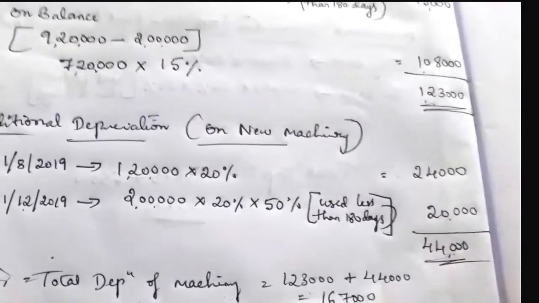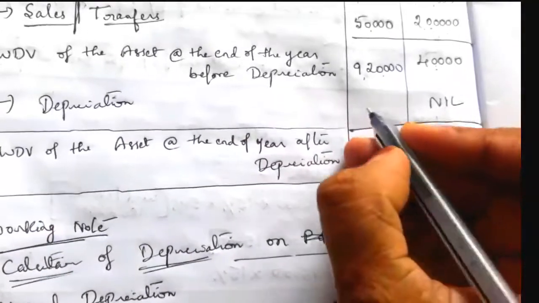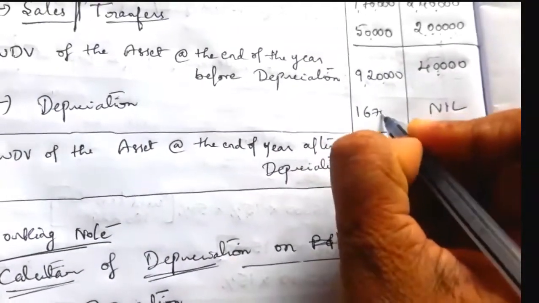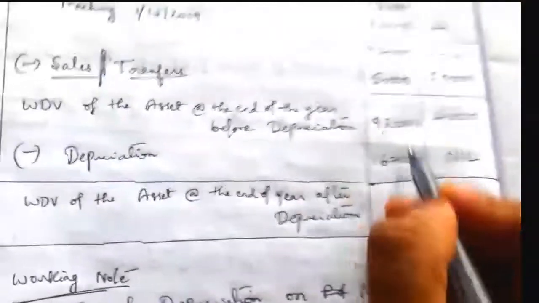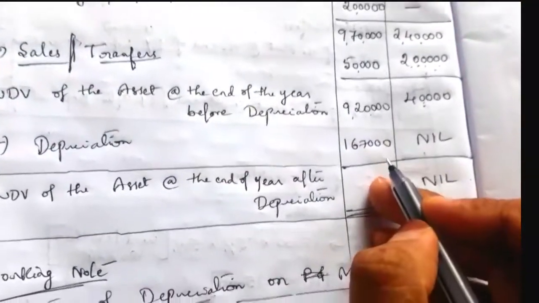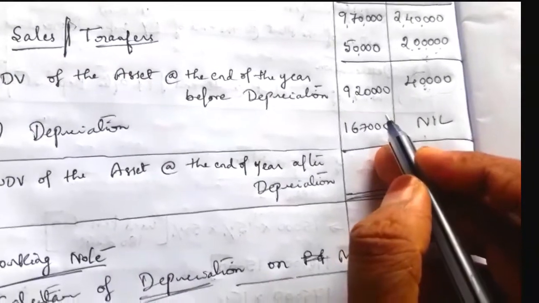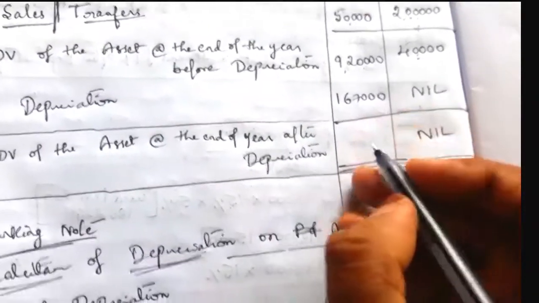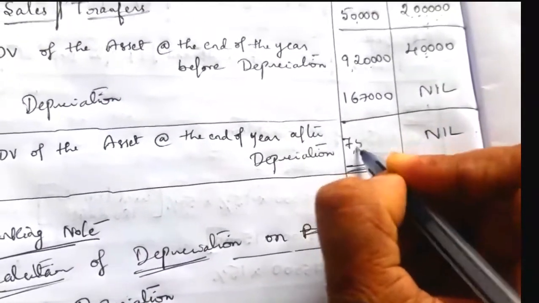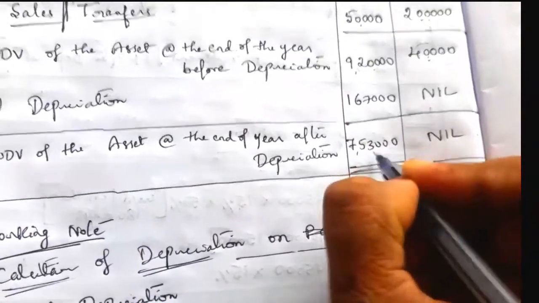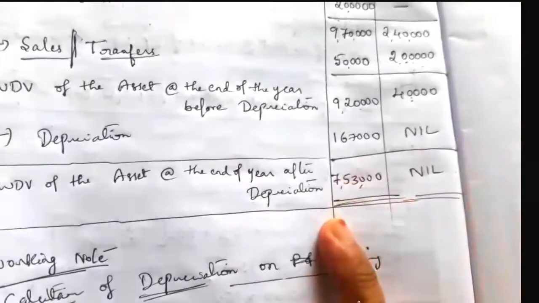So total it is 1,67,000. You have to write 1,67,000 as the total depreciation under the machinery column. If you deduct the depreciation from the written down value, the balance you'll get is 7,53,000, the written down value after depreciation in case of machinery.